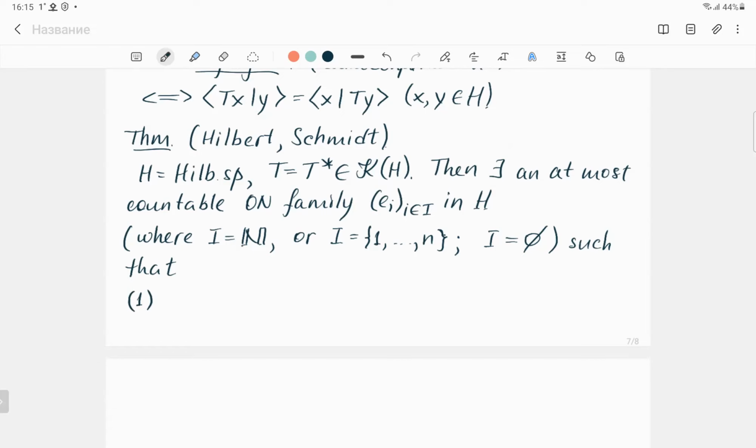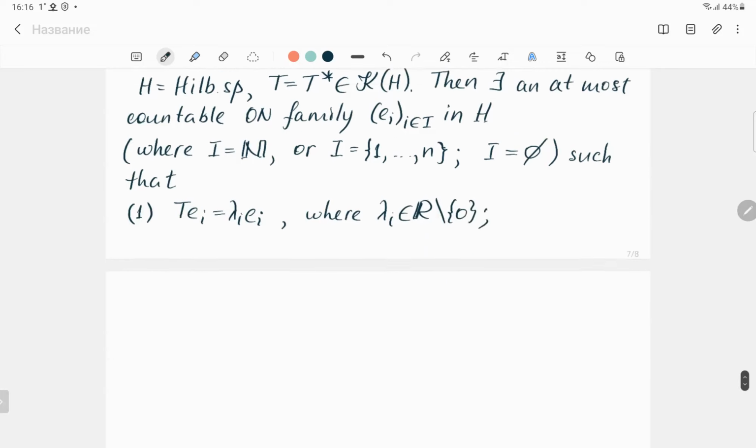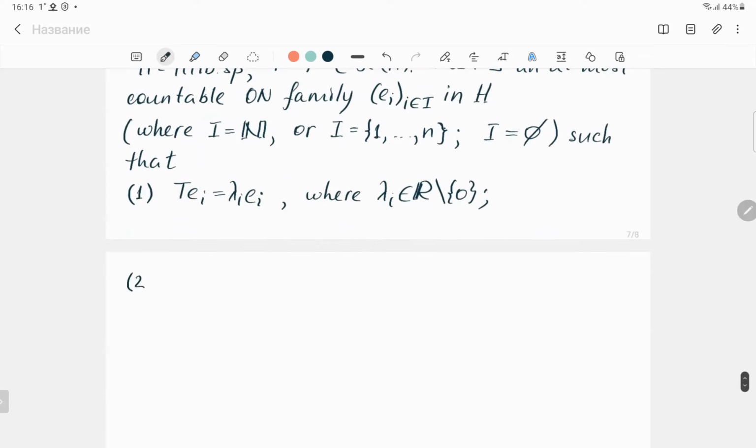So first of all, each e_i is an eigenvector, and the respective eigenvalue is real and non-zero. Second, this formula explains how T acts on the linear span and on the closure of the linear span of this family.